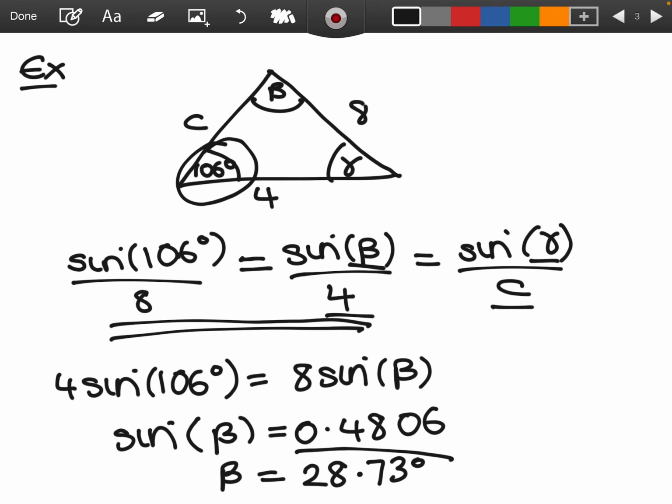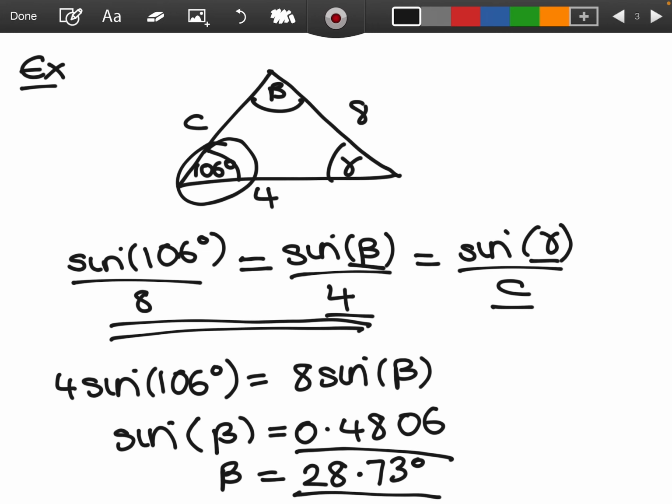So I know that my only possibility for beta is going to be 28.73 degrees. It's the only angle small enough that has a sine value of 0.4806 to where I can actually fit it into my triangle. So that's where I know that there is only one triangle possible.